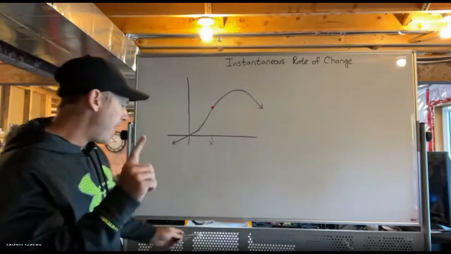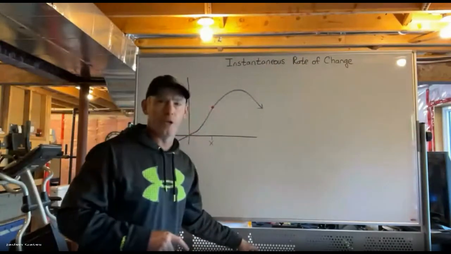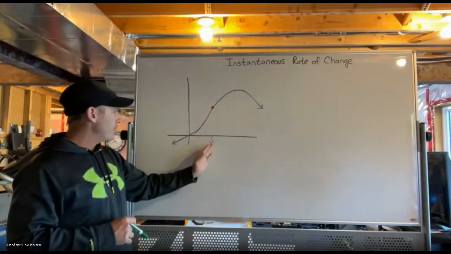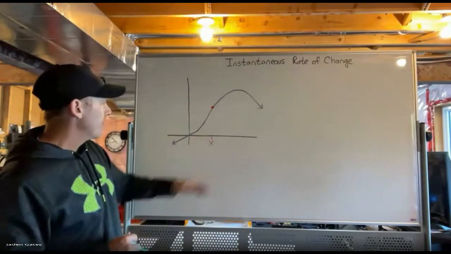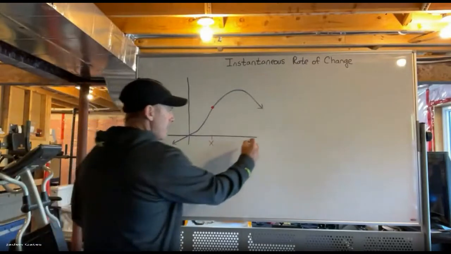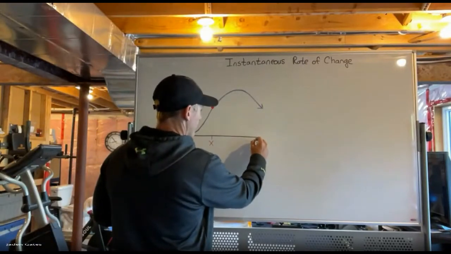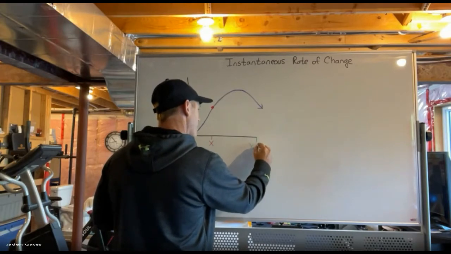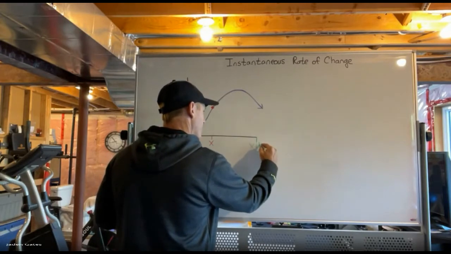Now, when we found the average rate of change, we find an average rate of change between, say, x and some other value. I don't know, x plus a certain amount. And I'm going to call that certain amount h.